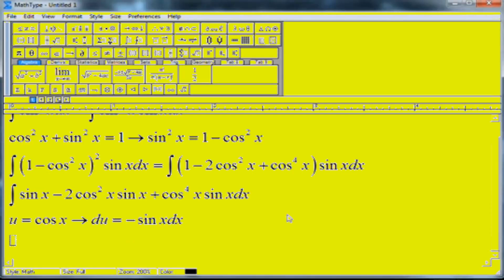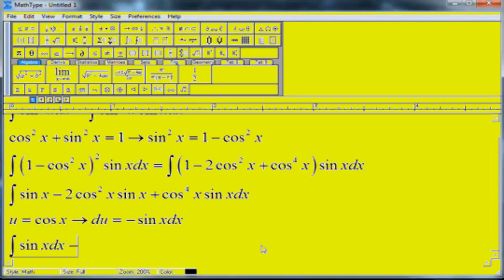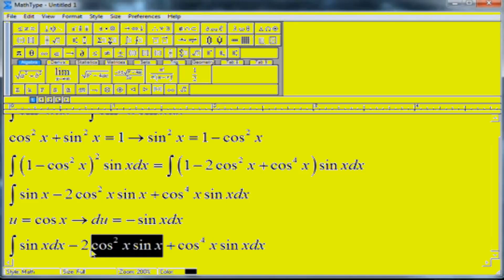So, well, let's just do the integrals. I'm just going to rewrite them. Rewriting. Integral dx and integral dx.